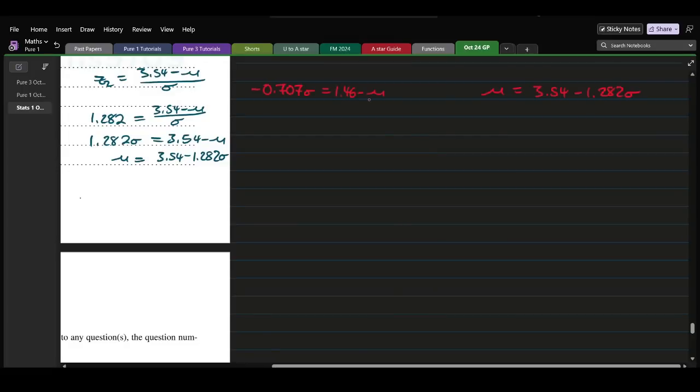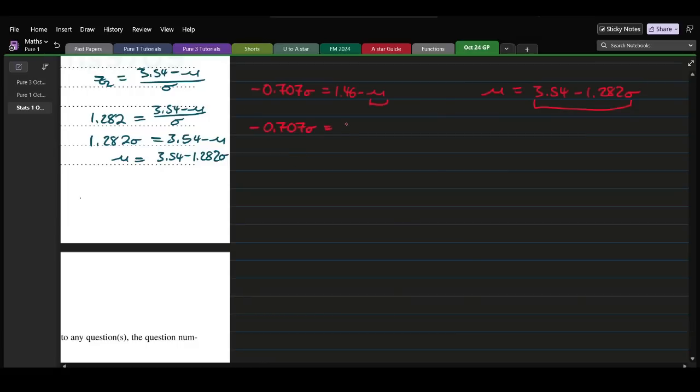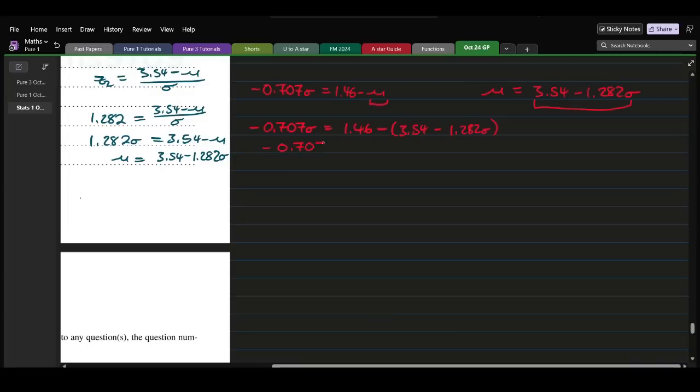Let's substitute mu here with 3.54 minus 1.282 sigma. So negative 0.707 sigma is equal to 1.46 minus (3.54 minus 1.282 sigma). Alright, so let's simplify. Negative 0.707 sigma is equal to 1.46 minus 3.54 plus 1.282 sigma.